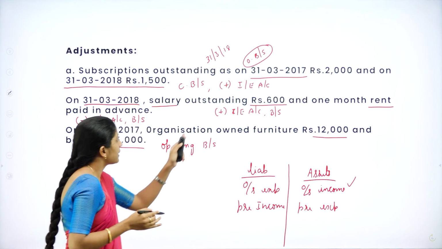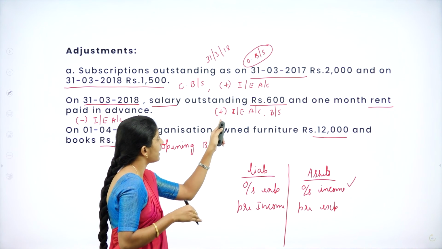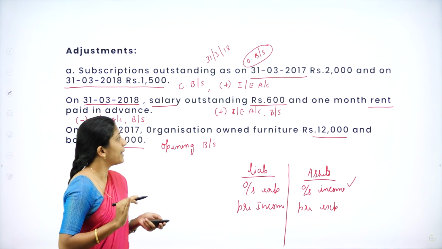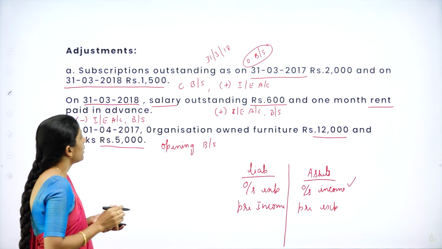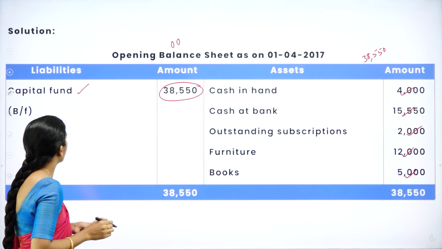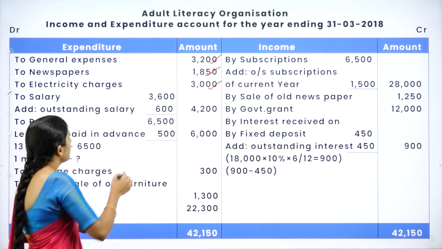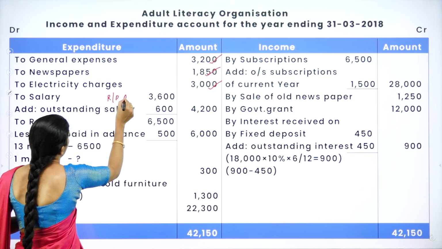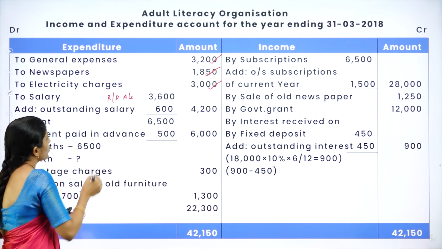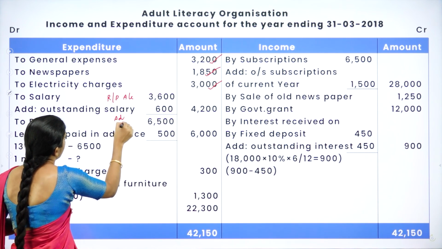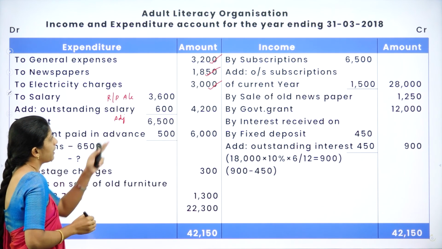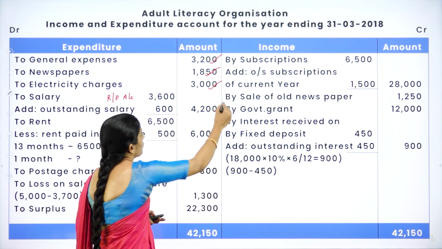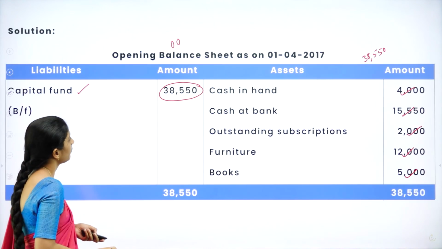As I told, anything that is outstanding of the current year has to be added in the income and expenditure account. Now we shall see how we are going to record. To salary 3,600 which is given in the receipts and payment account. Next, add outstanding which is given in the adjustment. So 3,600 plus 600 we will get 4,200.